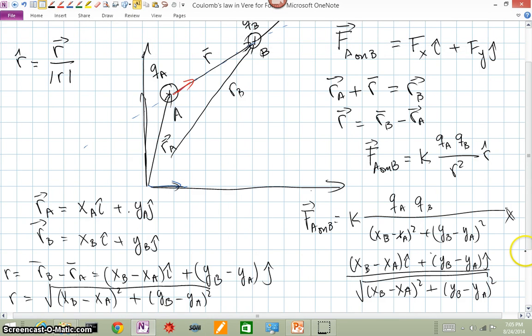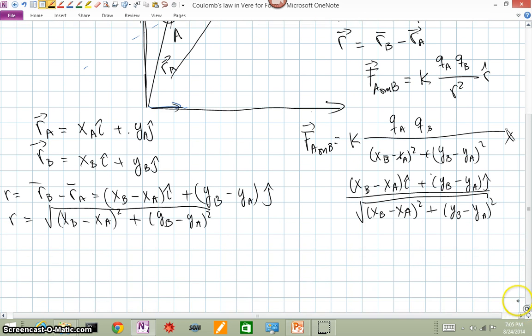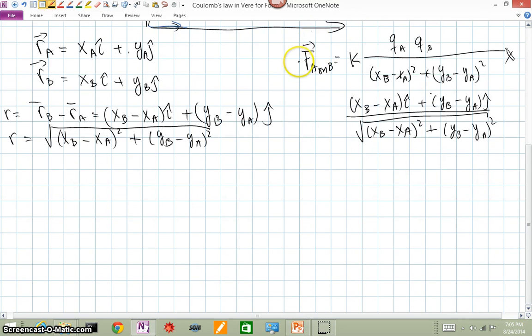I'm going to rewrite all this here, and this is going to be a long equation. So this here is F A on B, that is equal to K Q A Q B. Okay, and then this multiplies the whole thing here.